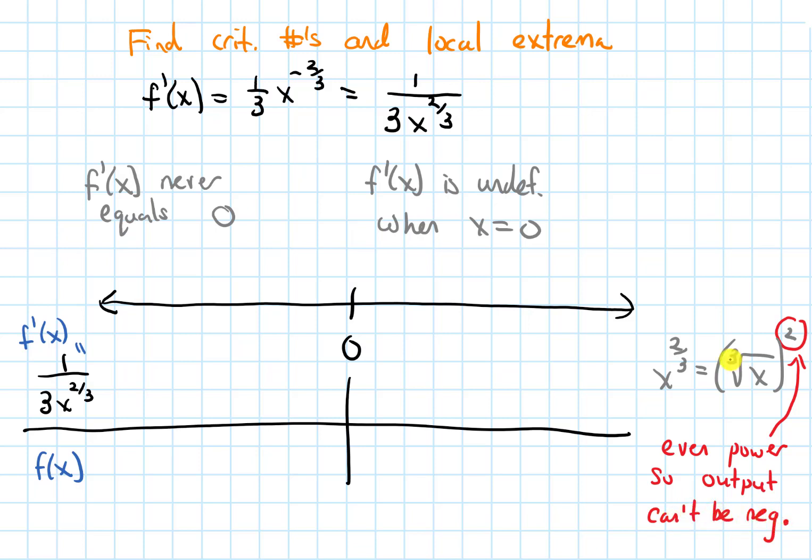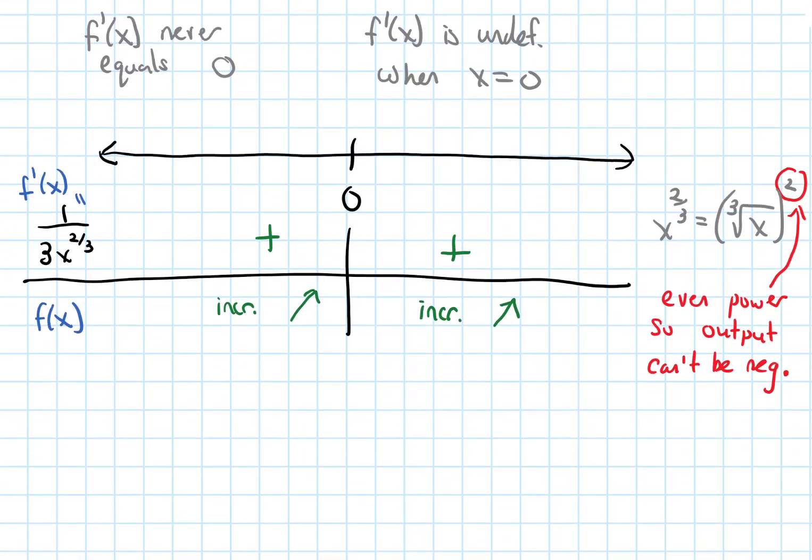Because even if the cube root of x ends up being a negative number, when we square that, it'll be positive. So this will be positive on both sides. And if my derivative is positive, the original function is increasing. It is going to be rising. Here as well, it is going to be increasing. It'll be rising. All right, so we are now ready to state our critical numbers and classify them.